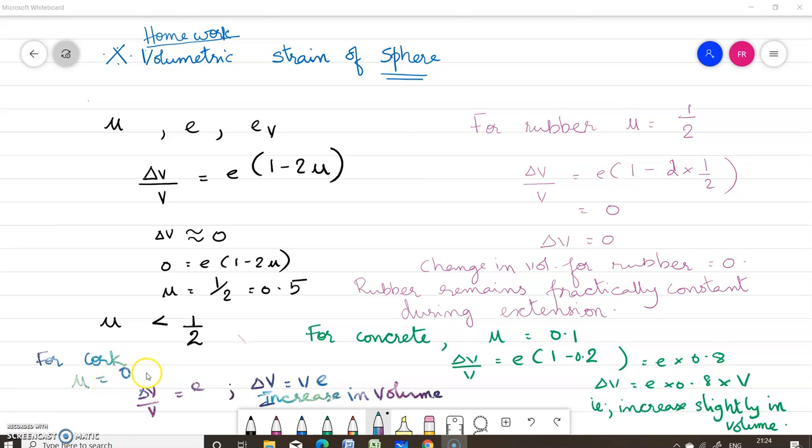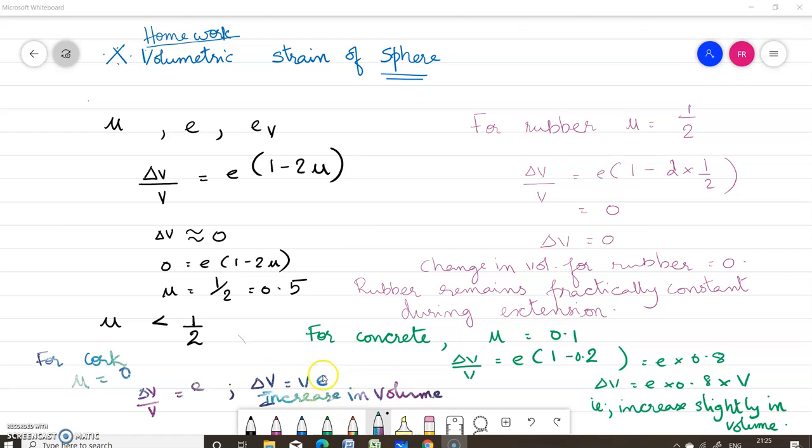Now for cork, the value of Poisson's ratio is 0. So when we substitute in this equation, we'll get delta V equal to V into E, so there is a slight increase in volume.